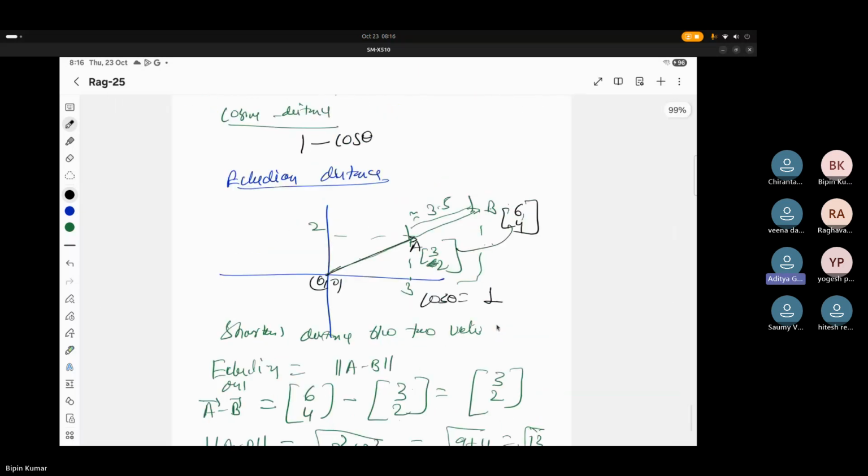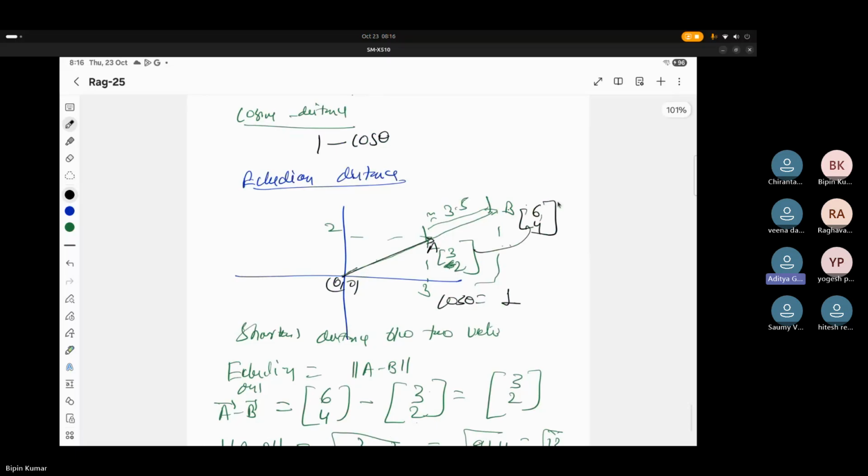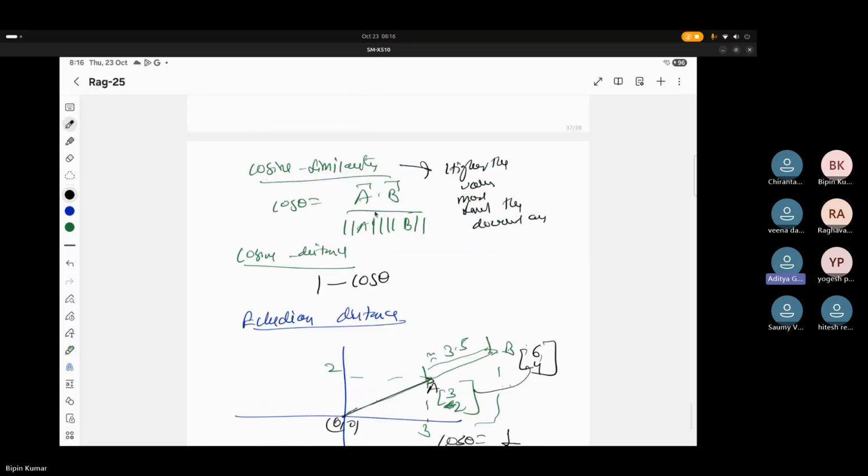Sir, which method should we adopt for a particular use case? How should we decide which method to use? In the background you don't have to choose, because different vector dbs use different methods, but the most common one is cosine similarity.